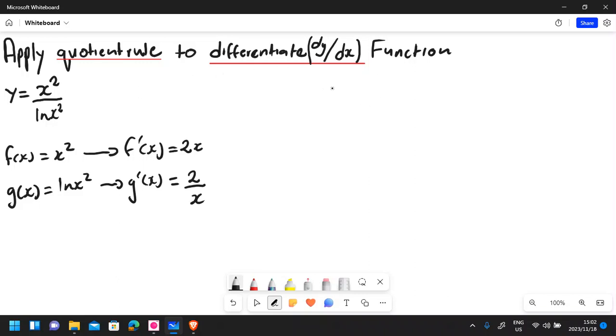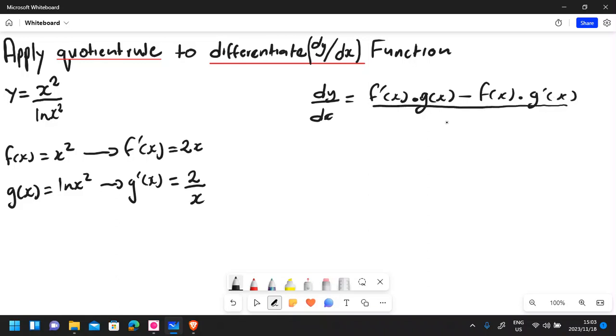So this is the formula, let me write it here. dy over dx is going to be the derivative of f of x multiplied by g of x minus f of x multiplied by the derivative of g of x, all this divided by g of x squared. Guys, this is the formula for the quotient rule.